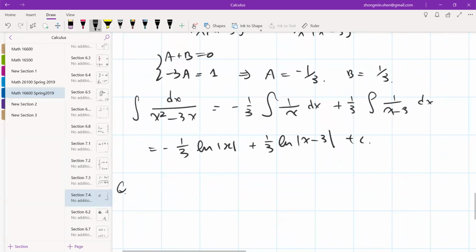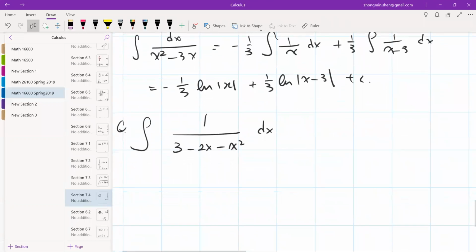Okay, let me show you another problem here. It is going to be 1 over 3 minus 2x minus x squared. How about this, right?